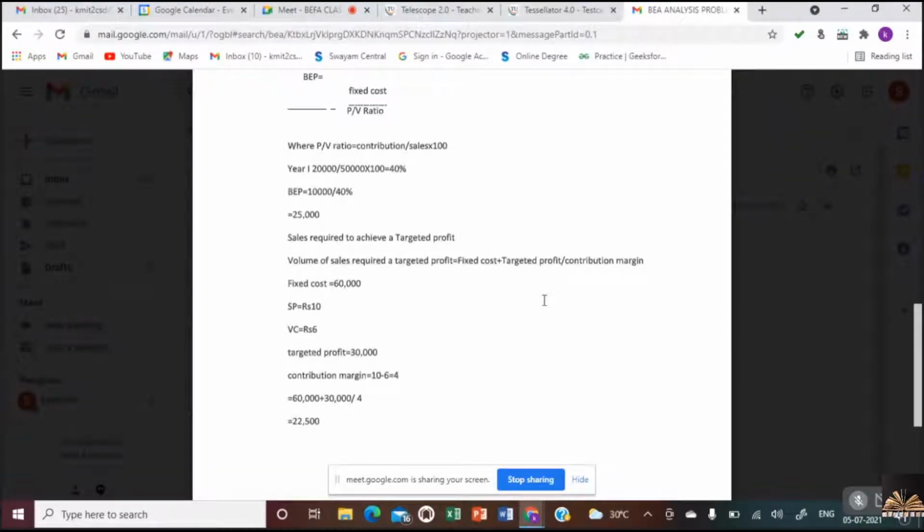Fixed cost 60,000, the same old problem. Fixed cost 60,000, selling price rupees 10, variable cost rupees 6, targeted profit rupees 30,000.